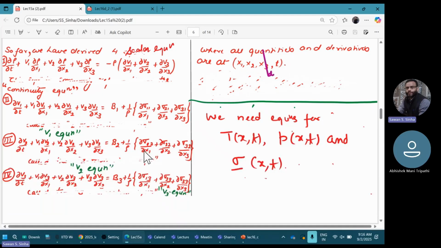In some texts, you will see the use of a different phrase to describe these equations. The V1 equation that we have, I think in my book also I call it sometimes transport equation of V1, and similarly transport equation of V2, and so on.